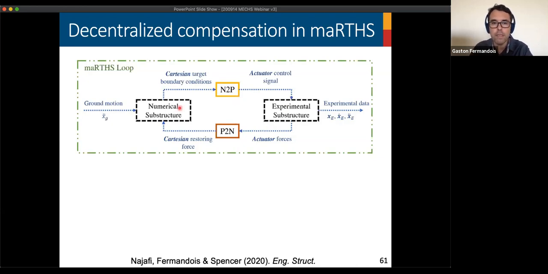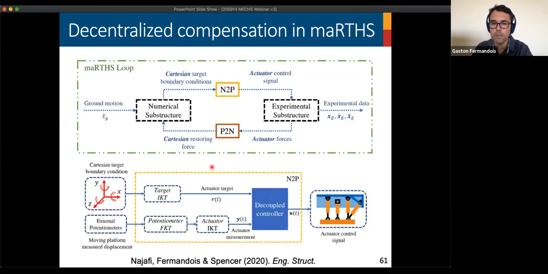You can see here the numerical and experimental substructures, and we use blocks to translate from Cartesian to actuator coordinates and vice versa. Each of these blocks, for instance the N to P block, has kinematic transformations, but at the same time has compensators for each of the actuators individually.